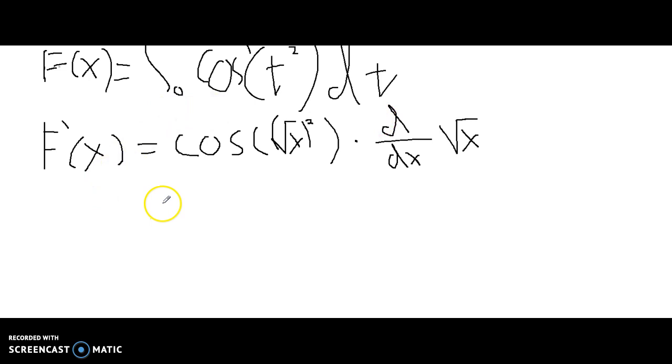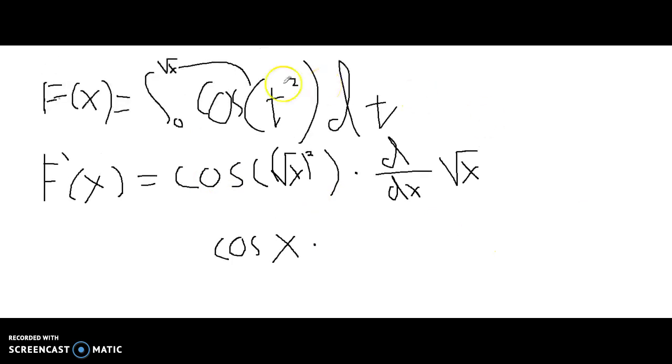So what we wind up getting is root x squared is simply going to come out as x. So we have cosine x times, since we have this variable as root x, we have to find the derivative of it, which turns into 1 over 2 root x.